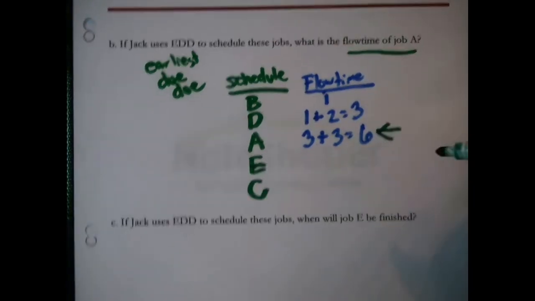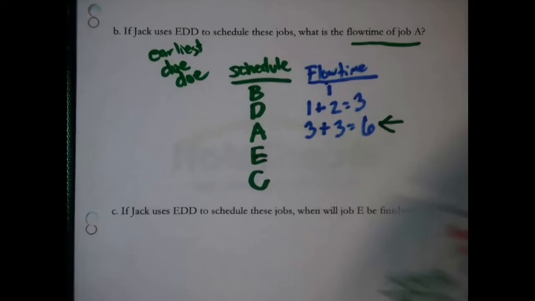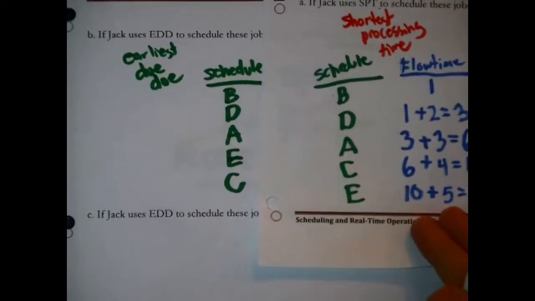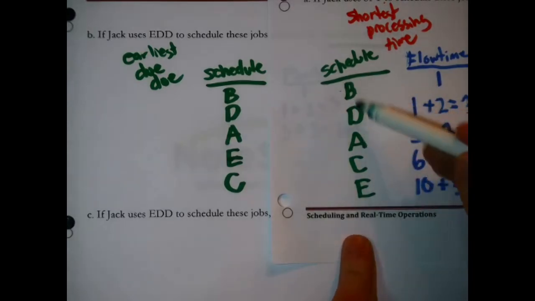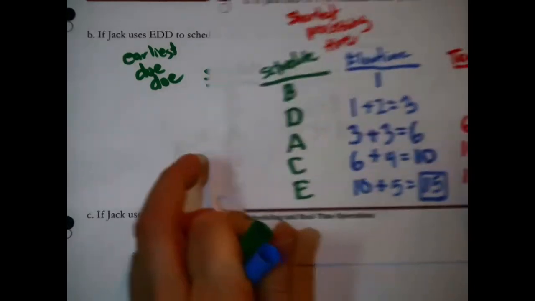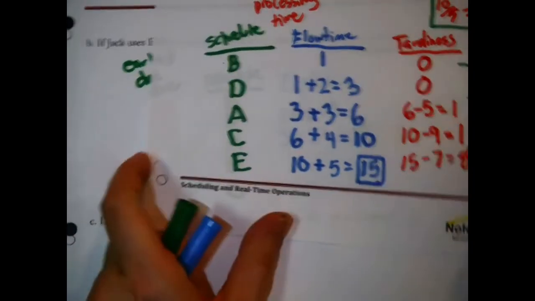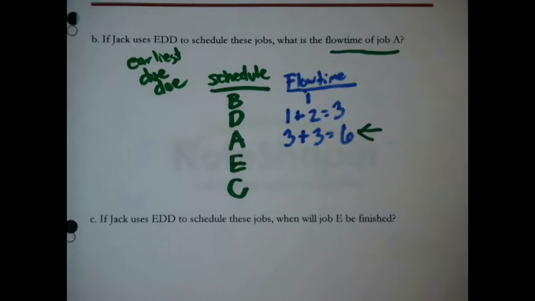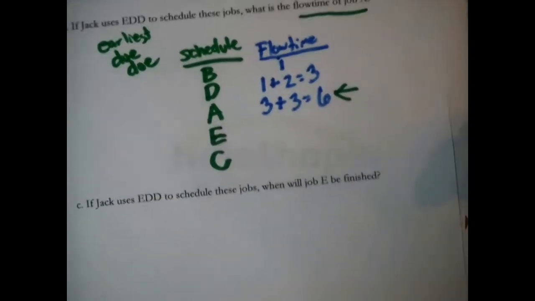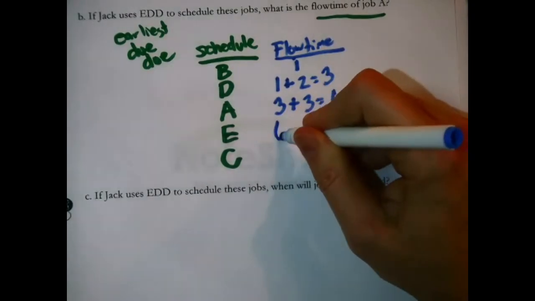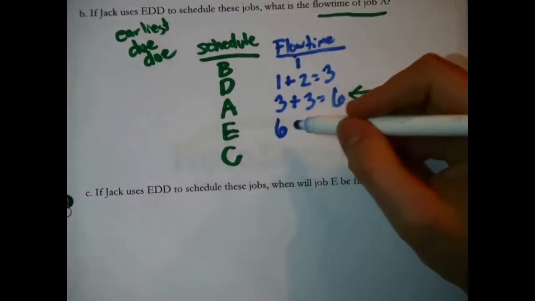Oh, and the funny thing is, if I had noticed, it's not the same sequence as shortest processing time, but it is the same through the first 3, including A, and I had actually found that out before, but that's just kind of a coincidence. Anyway, I'm going to finish up the flow times just as long as we're working on this, so it's complete. Let's see, E has to wait for 6 hours.